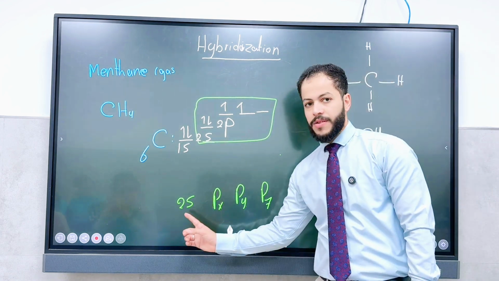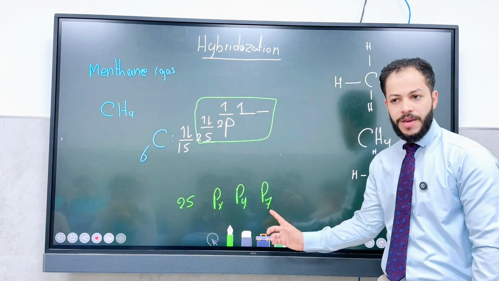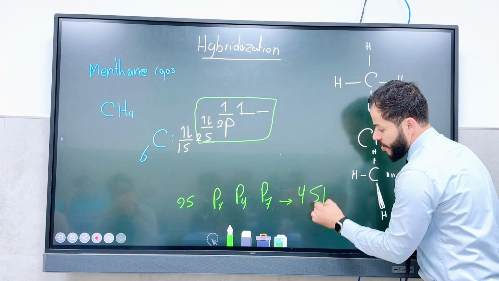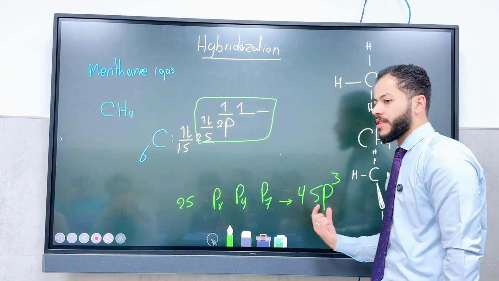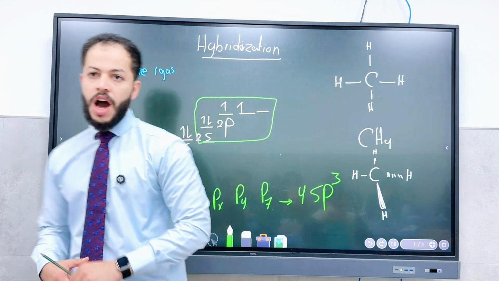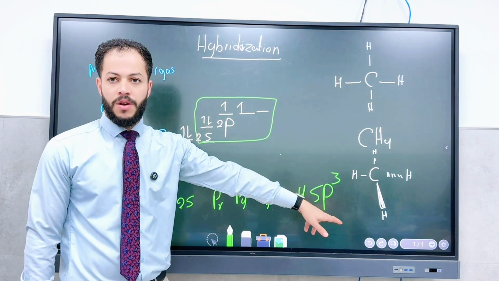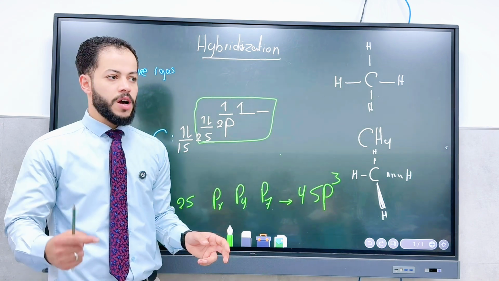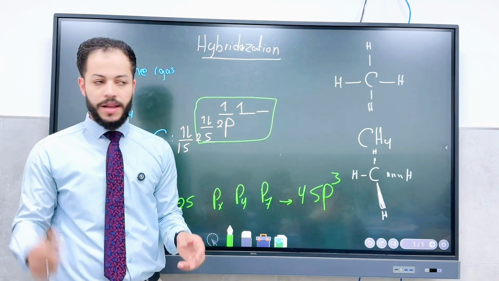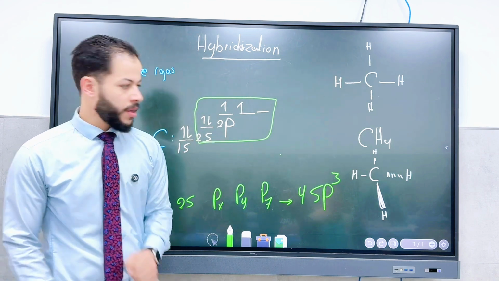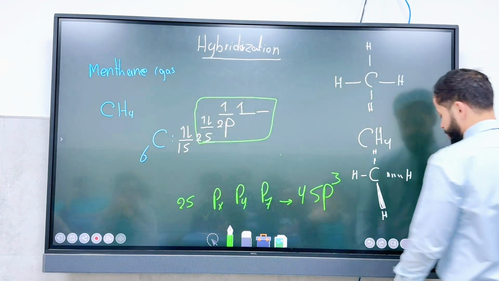So we make hybridization between s and 3p to create 4 orbitals of type sp3. This is a type of hybridization, hybrid orbitals. So what is the type here? sp3. Why do we name it sp3? Because we make a hybrid between 1 s orbital and how many p orbitals? 3 p orbitals.